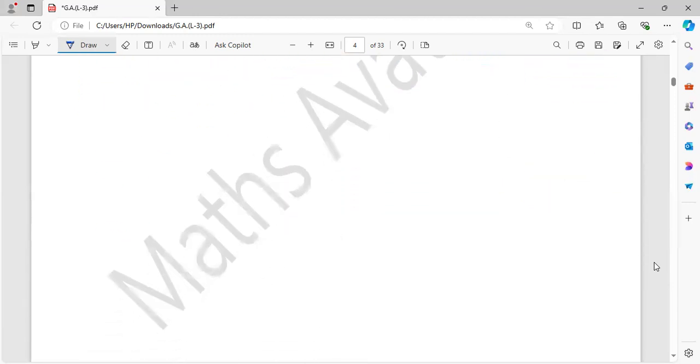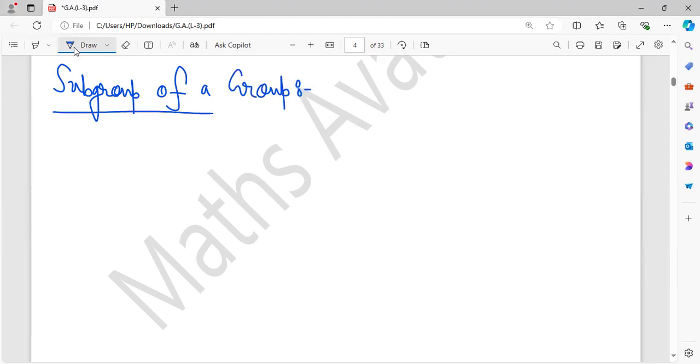So what is the definition of a subgroup? Subgroup of a group.